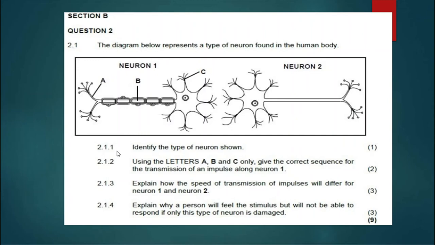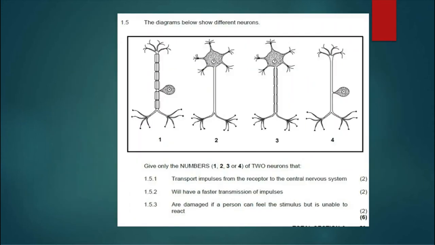The next question says that the diagram below shows different neurons. We have neuron 1, 2, 3, and 4. If you look at neuron 1 and 4, those are sensory neurons because the cell body is between the neuron. And then number 2 and 3, those are motor neurons because their cell bodies are at the head of the neurons.